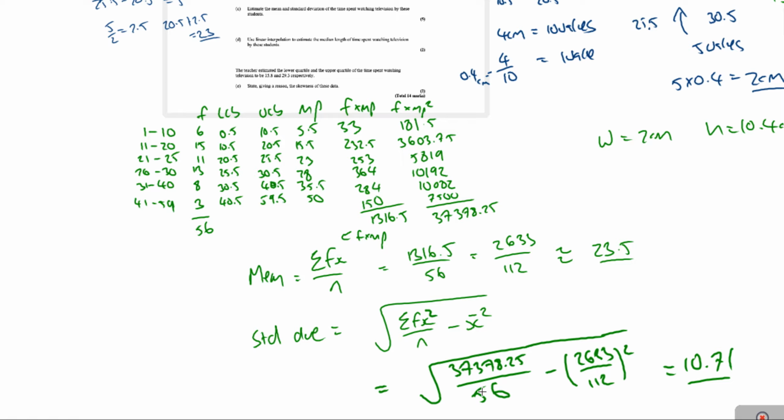So around about 10.7 is fine. So that gives you your answer to part C. So it's 5 marks. Probably won't have to go into so much detail for the Edexcel exams, but if you can do this, then you can do any of the questions longhand. And it's a very important skill to be able to do. So it's definitely worth knowing this to build confidence and to understand exactly what you're doing and which formulas to apply.